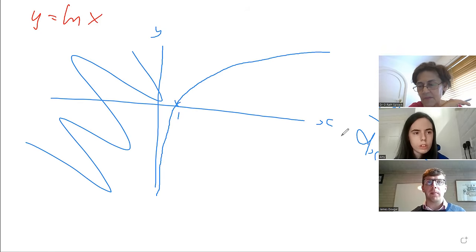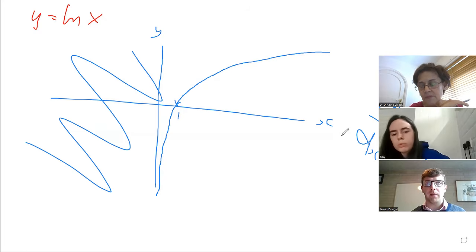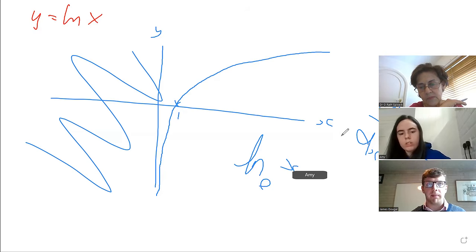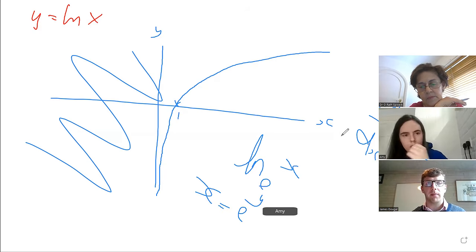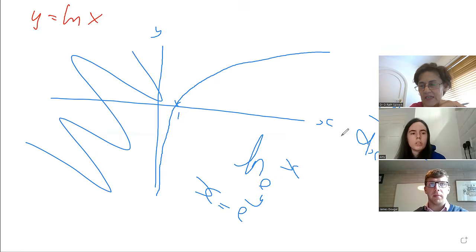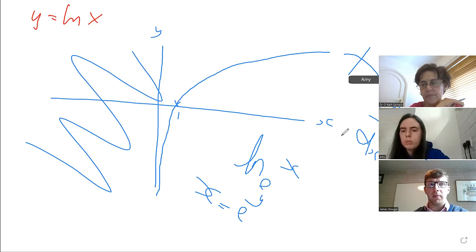So it tends to infinity as x tends to infinity, because what we're saying is that x equals e to the power of y. So as x tends to infinity, y does too. The gradient's always positive, so the line will never start tending downwards again.